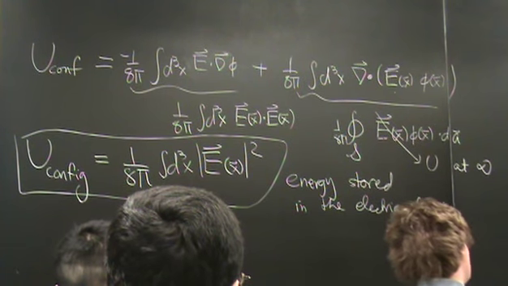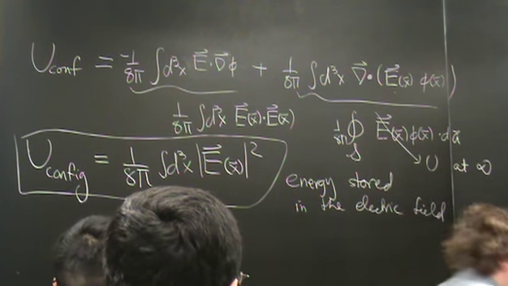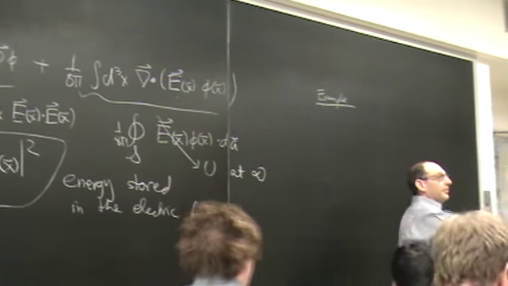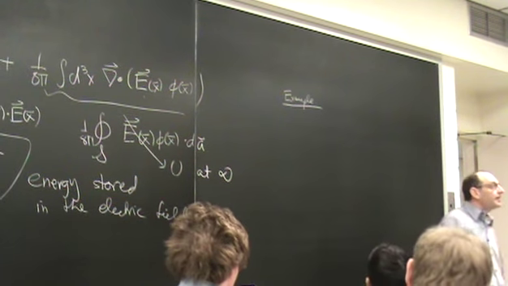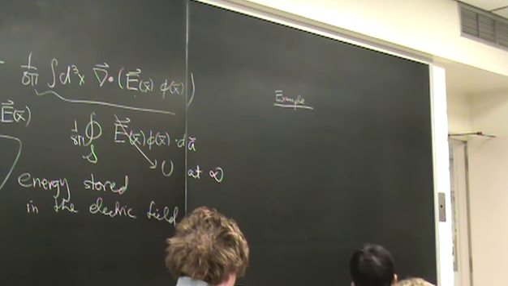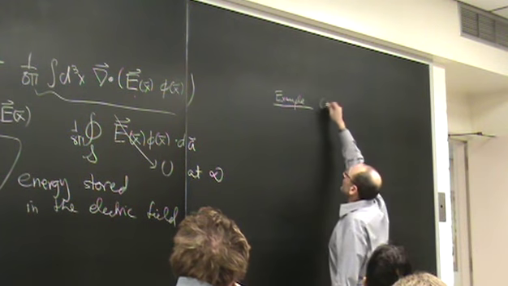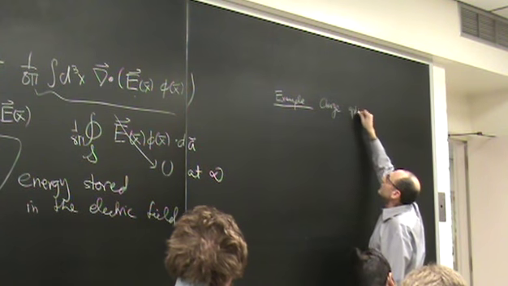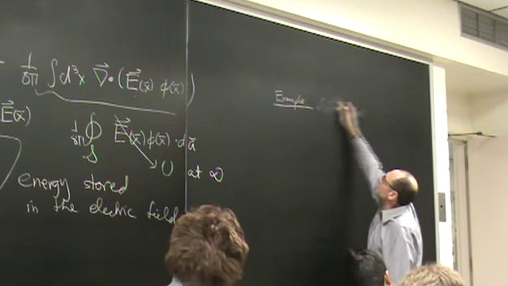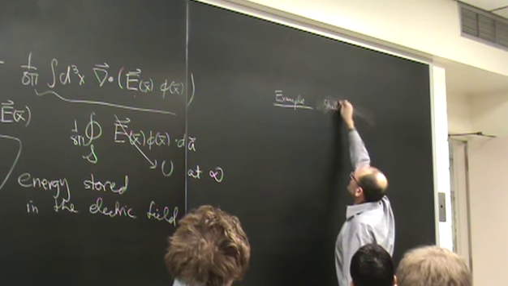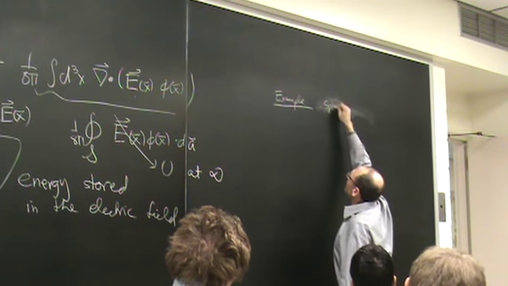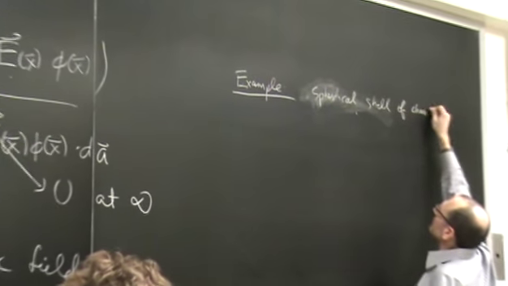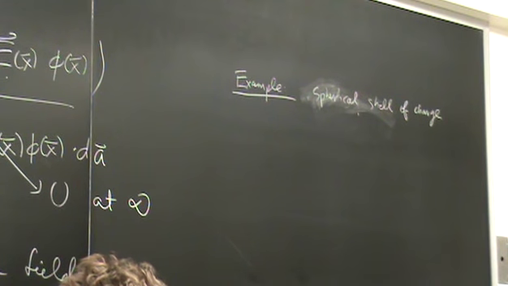All right, so for example, if we go back to the problem that we were discussing at the beginning of the lecture, the problem of the charged sphere, or the spherical shell of charge, which we have over there.